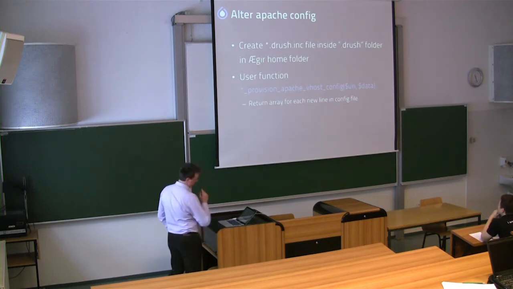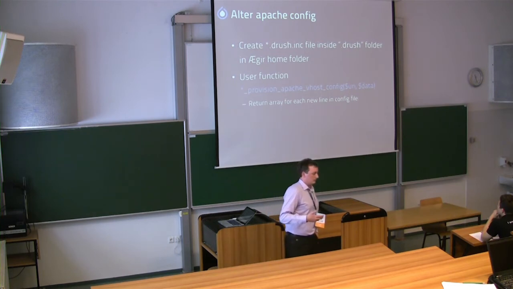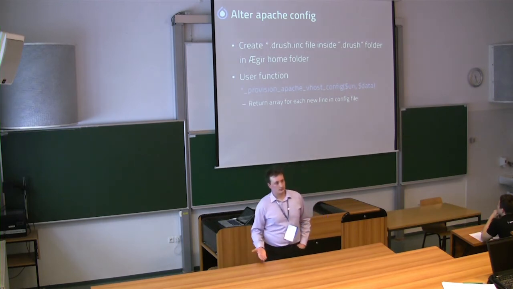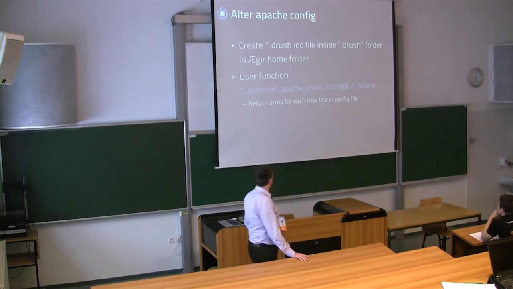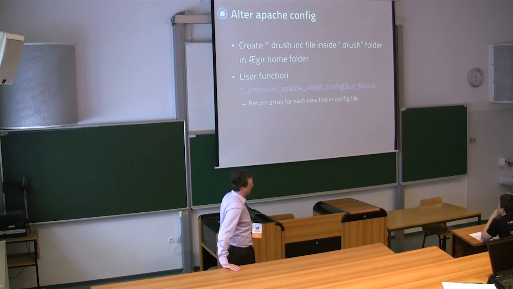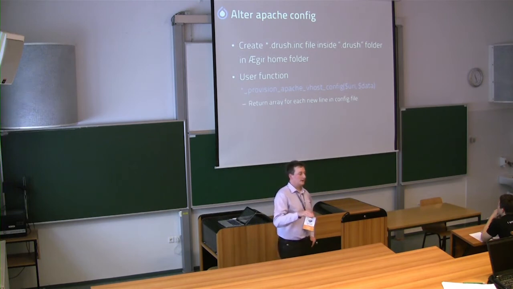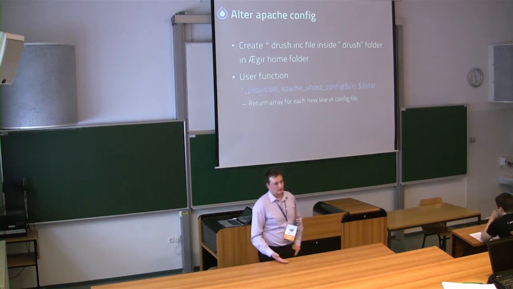You can use Drush. Drush is run at the back end when Aegir is creating files, and you can create a drush subfolder in the home directory of the Aegir user, and inside you create a new file called something.drush.inc, and you can put there any additional functions and functionality that you want to be applied on your sites.